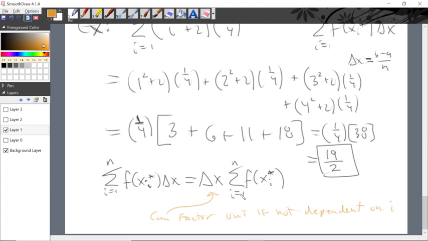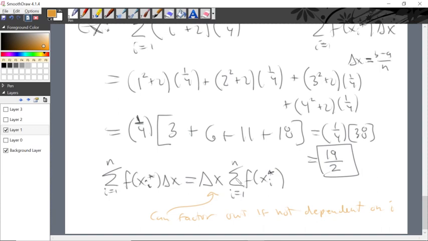And just as we could factor out a constant when we're doing, for instance, differentiation, if we are taking the derivative of something with respect to x, we can factor out a constant, and it's constant if it does not depend on x. In this case, delta x is constant because it does not depend on the thing that is moving within the summation, and the thing that changes within the summation is i.